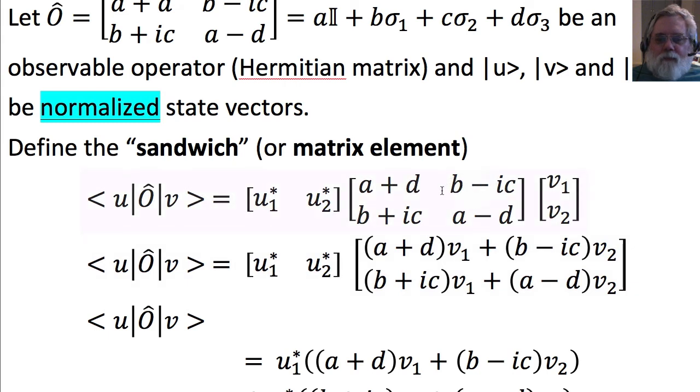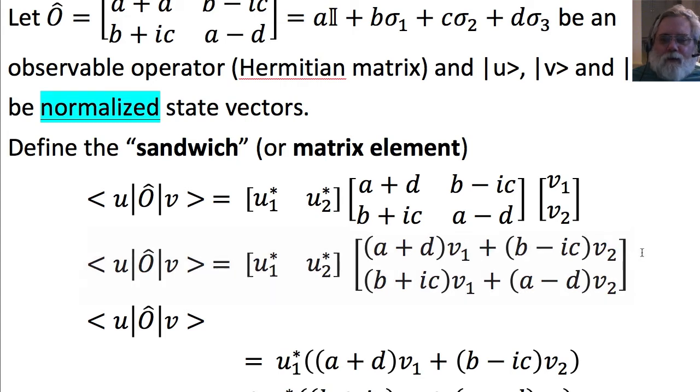Mathematically, operator O operates on vector V, ket V, and we already know how to multiply a 2 by 2 matrix times a 2 by 1 column vector. So we just do that. We substitute in that result, we've had that already. And now we have a 1 by 2 bra row vector, and this is just a 2 by 1 column vector.